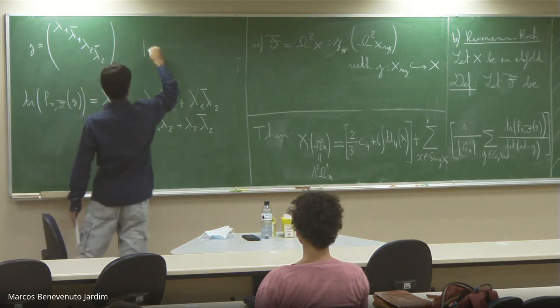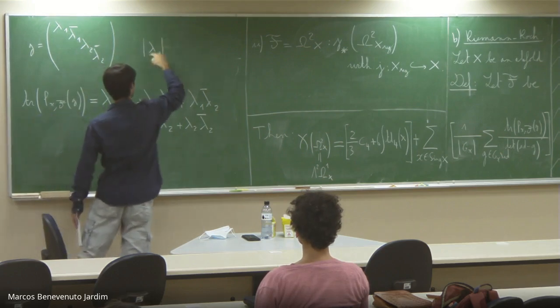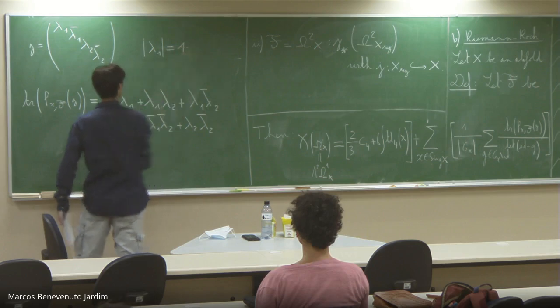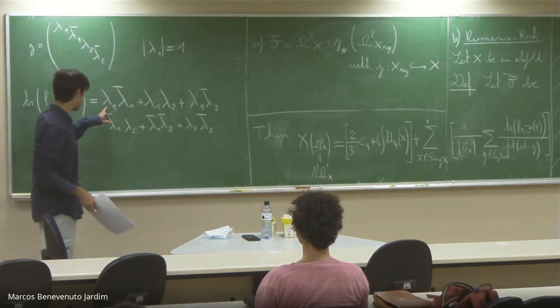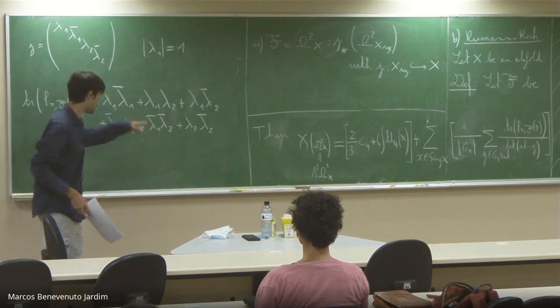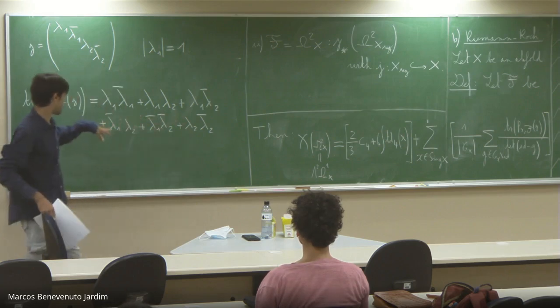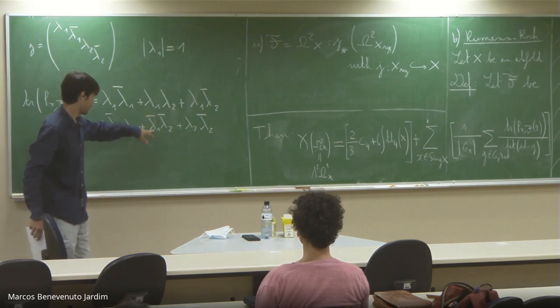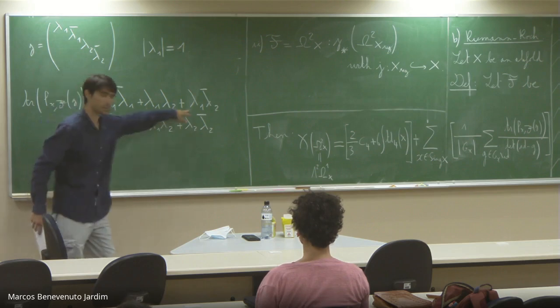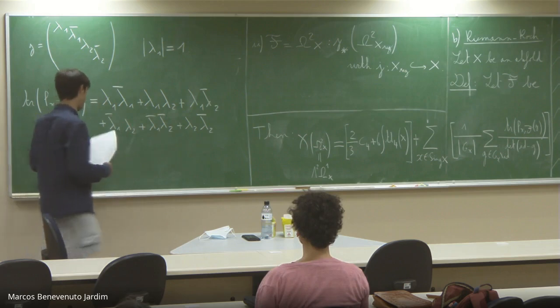Also, I forgot maybe to say that since it's symplectic, the modulus has to be 1. So here I have a modulus of just 1, and here I have 1. And you see that this is a real number because if I make the sum here, I have 2 times the real part, and here also, so I have real numbers.